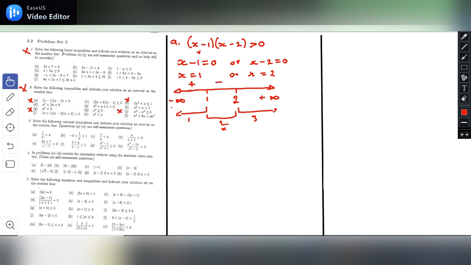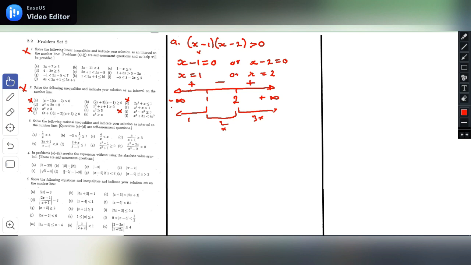So we're going to have negative, because one can choose 1.1, 1.2, it's still the same. Then for the third one, from 2 to positive infinity, you can choose 3, you can choose 2.1, you can choose 2.2. You choose any value which is greater than 2. Therefore, after plugging it in that equation, you're going to get a positive answer.